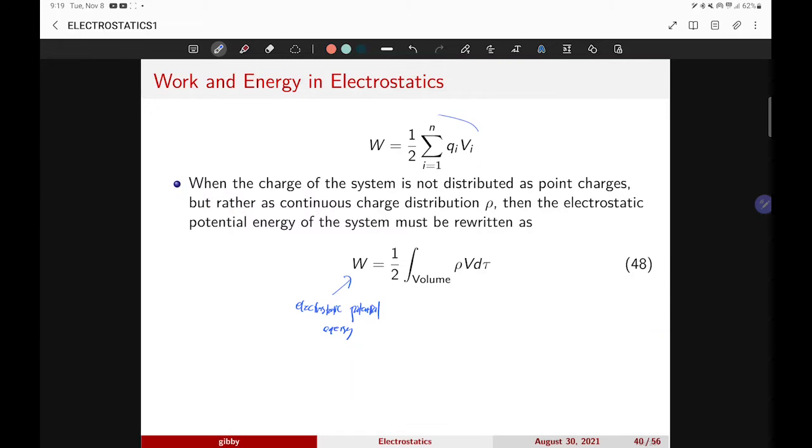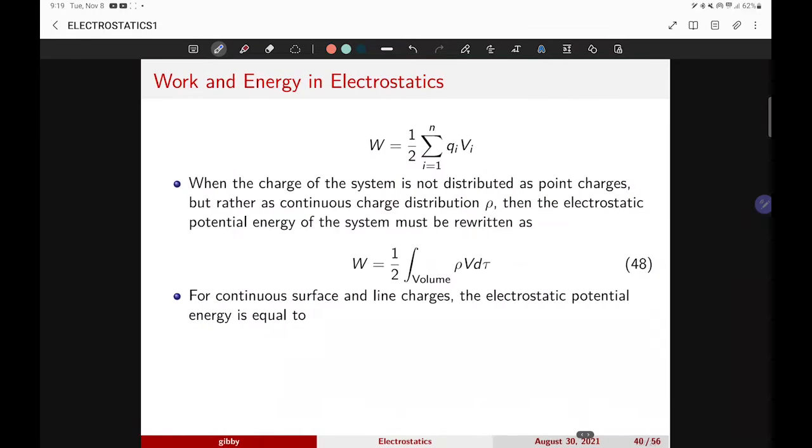So from summation it becomes this one, right? Meaning your summation becomes an integral and your q_i becomes continuous. So we have rho d tau. That's how we get equation 48. So this is for volume.